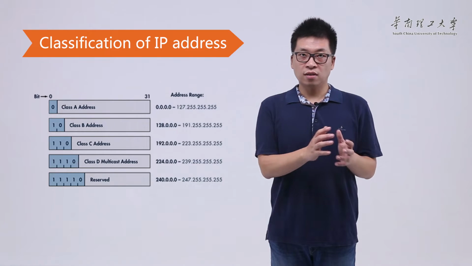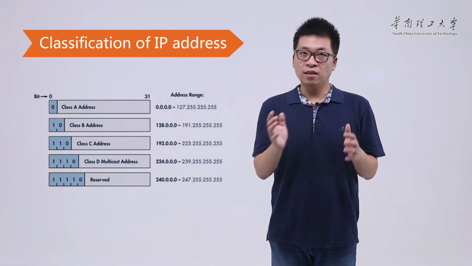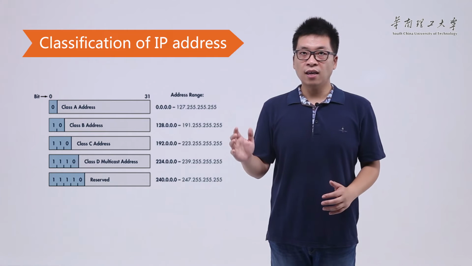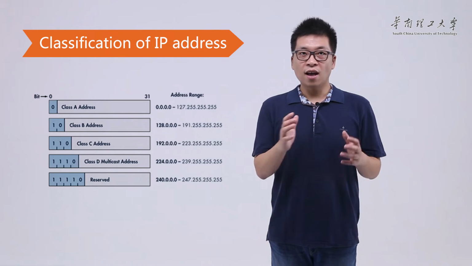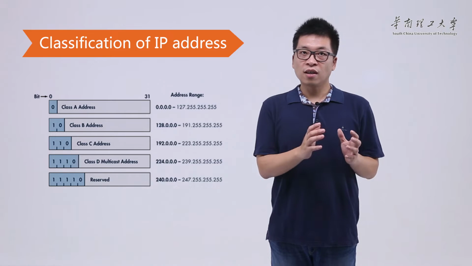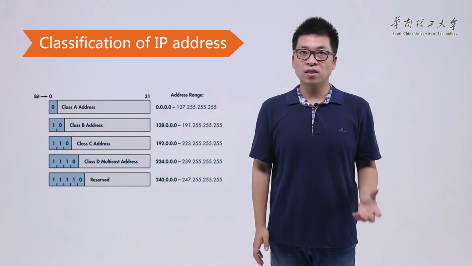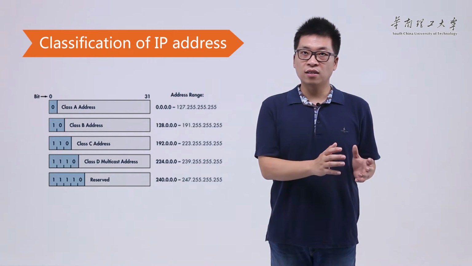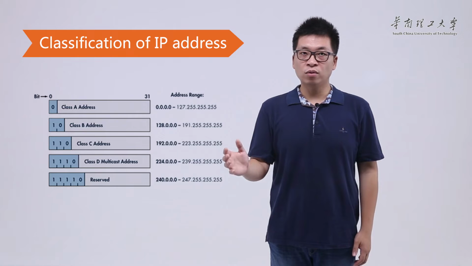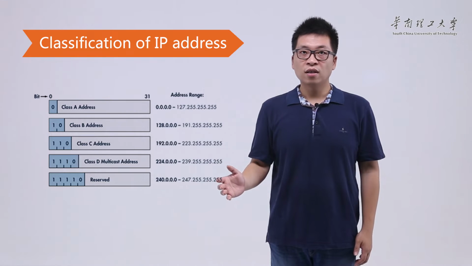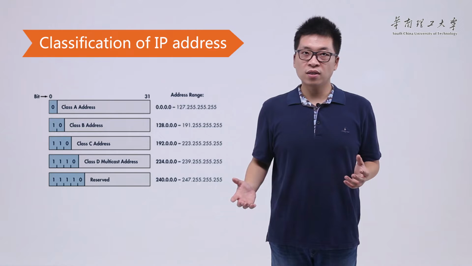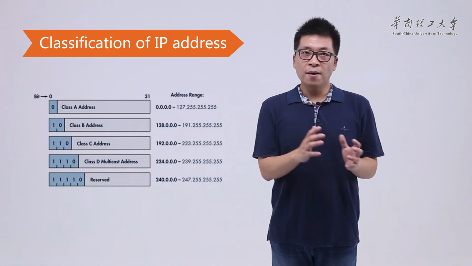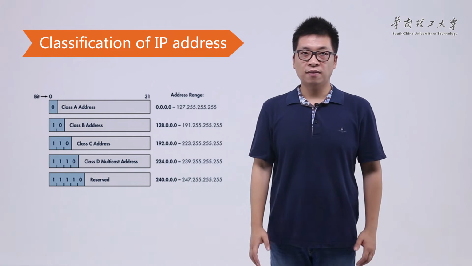IP address is classified in A, B, C, D, and E 5 groups, amongst which Class E is reserved and Class D is used for multicast address. Therefore, the IP address classes we usually say are Class A, B, and C.